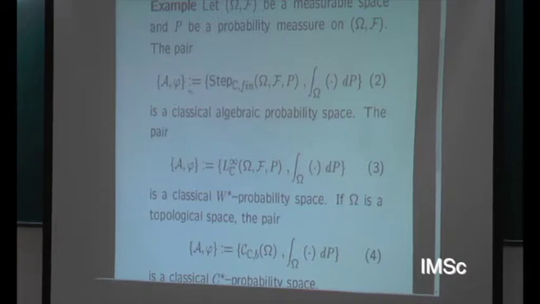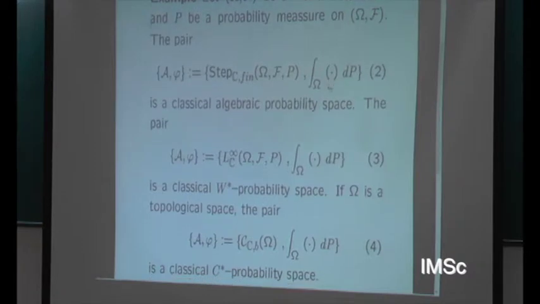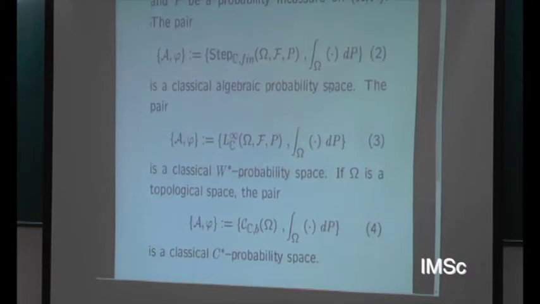If you have a measurable space and a probability measure on it, you can take as an algebraic probability space the algebra of finitely-valued test functions defined on the probability space with complex values, and the state will be given by the integral. This is an example of an algebraic probability space.